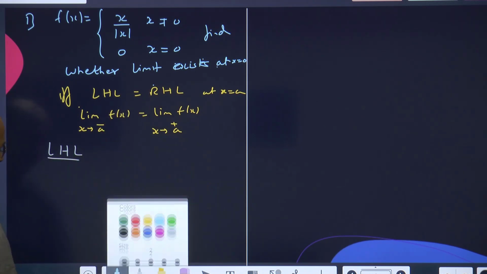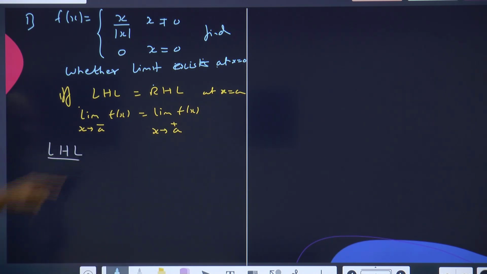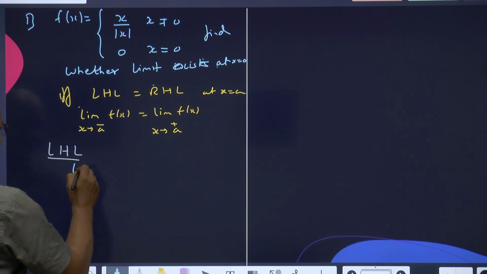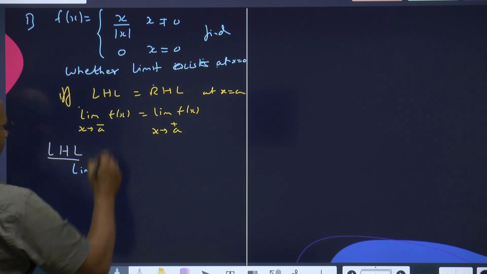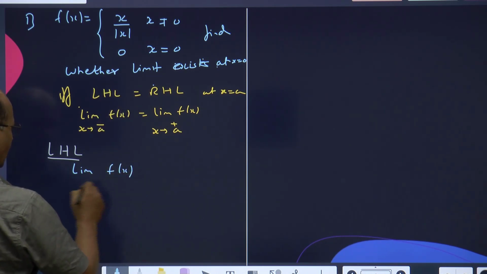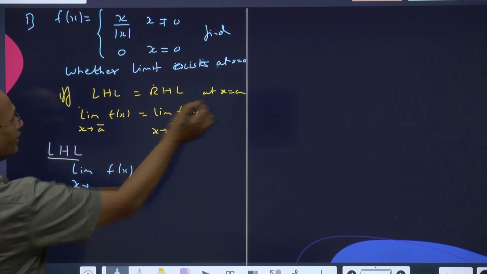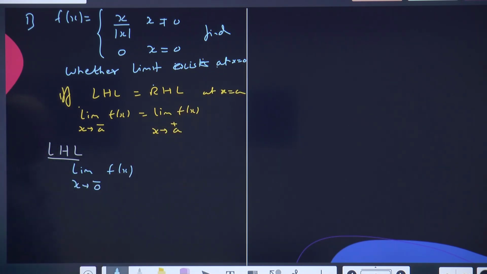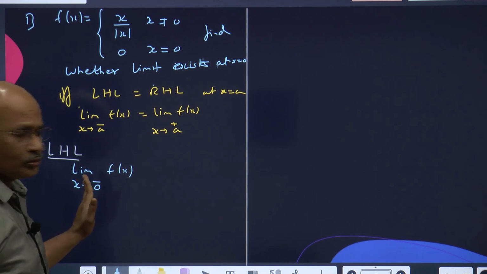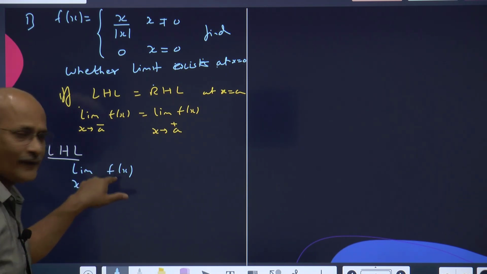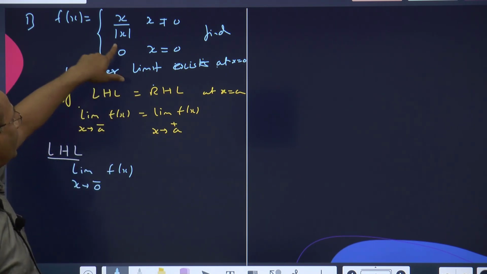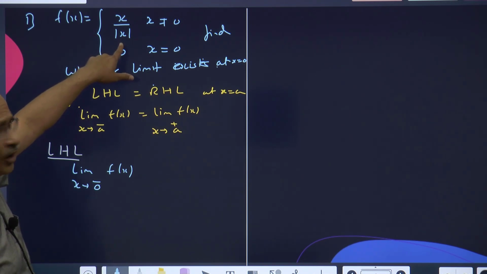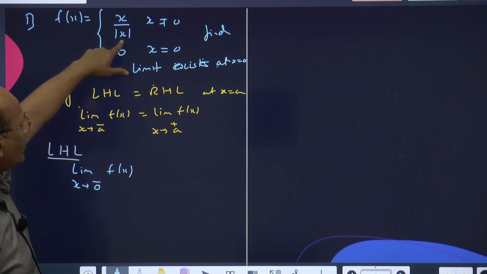So guys, let us start. First thing is, you know that left hand limit is nothing but limit of a function as x approaches 0 minus, that is, left of 0. First of all, you have to see which function is valid. But here there is a problem because this is x upon modulus x.